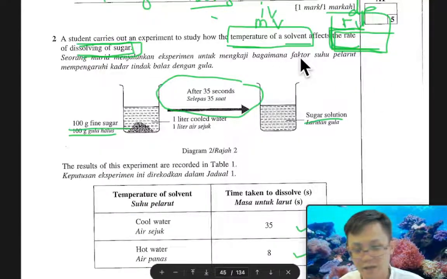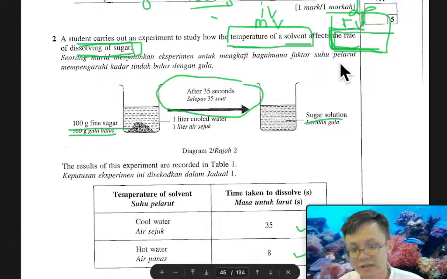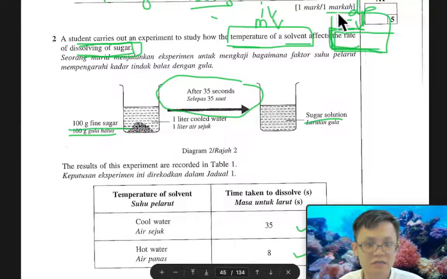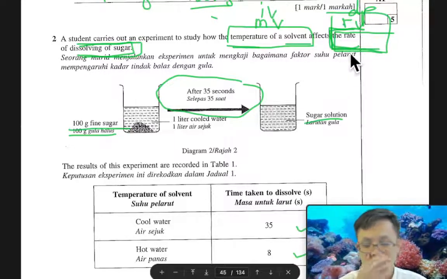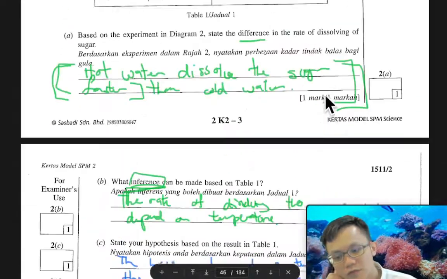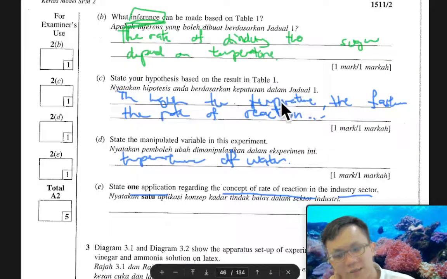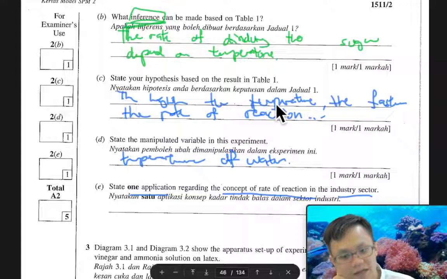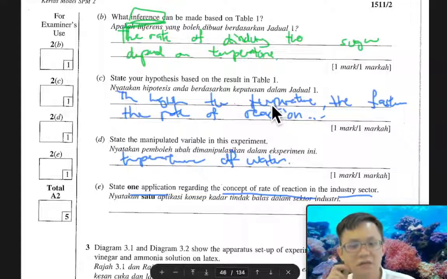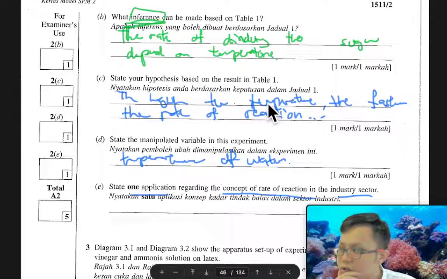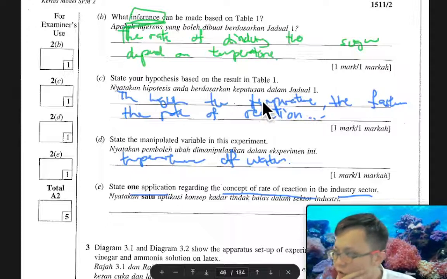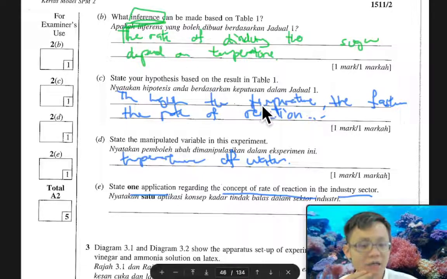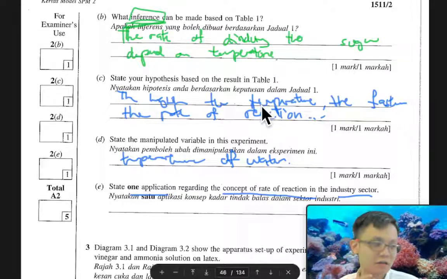We are talking about the chemical reaction rather than biological growth. So what is the industrial application that uses temperature to either increase or decrease the chemical rate of reaction?